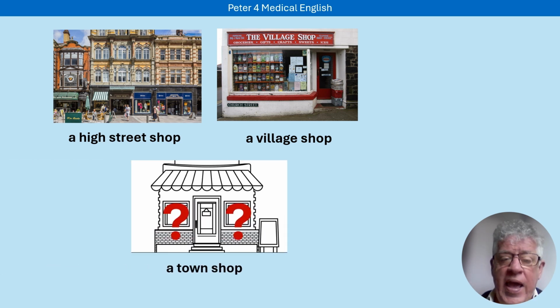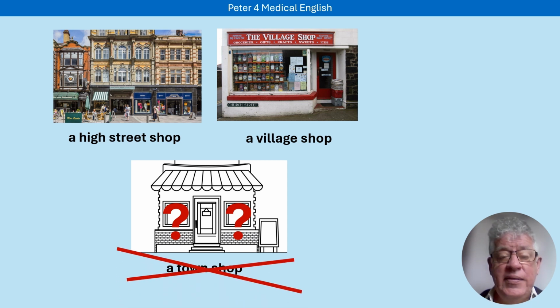But if you said a town shop, people wouldn't know what you meant. They may guess what you meant, and they may guess right or they may guess wrong. But a town shop, because it's not accepted by the users of British English as a compound noun, doesn't exist as a compound noun.